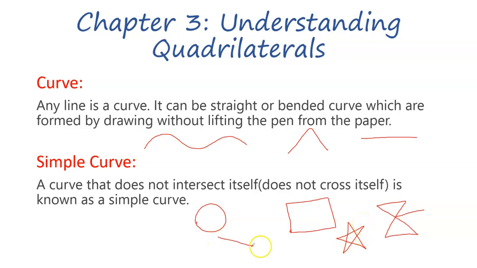So these two are examples of a simple curve, because whenever there is no intersection, it is a simple curve, and these two are non-simple curves. Why? Because we have intersections. When we have an intersection, it is called a non-simple curve. When we don't have any intersection, it is said to be a simple curve.